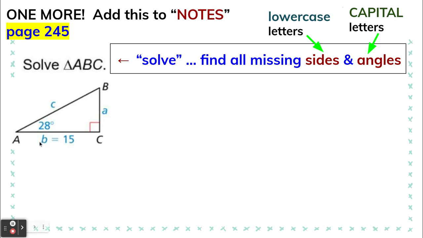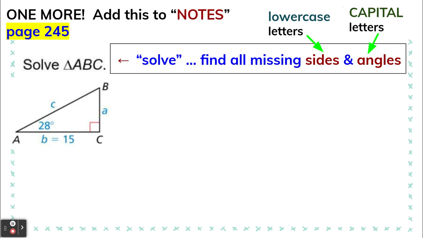So little b here is directly across from this angle B, and little c, which is length C here, is across from this angle C, which is a 90-degree corner. So do pay attention to that relationship. If I call this triangle XYZ, if this is angle X, across from it would be side length X. So that relationship is important.